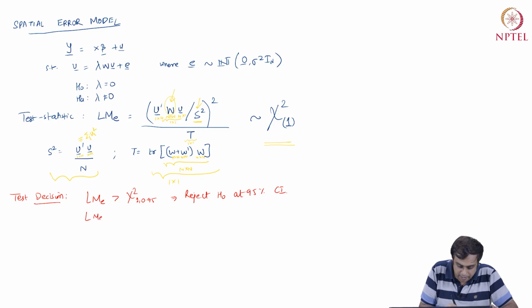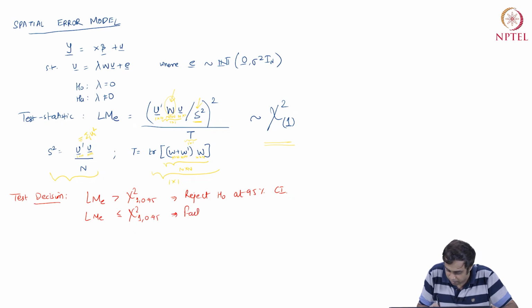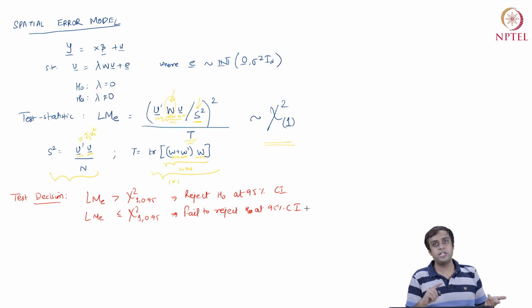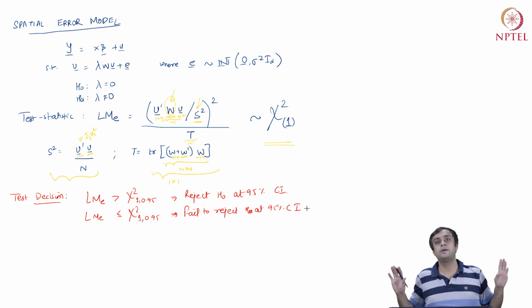And if LME is less than or equal to chi-squared at 0.95, then you say you fail to reject the null hypothesis at 95% confidence. So if you fail to reject the null hypothesis, then you may not want to specify a spatial error model. But if you reject it, then the spatial error model is indeed the right specification.